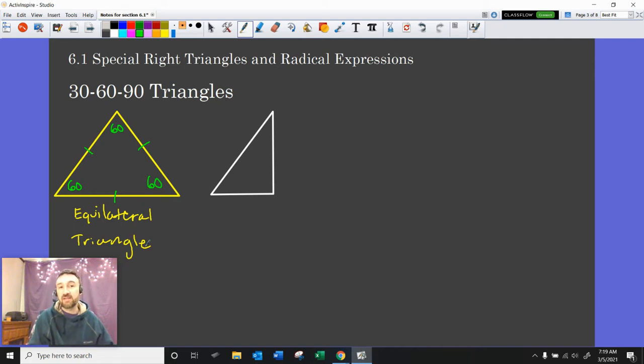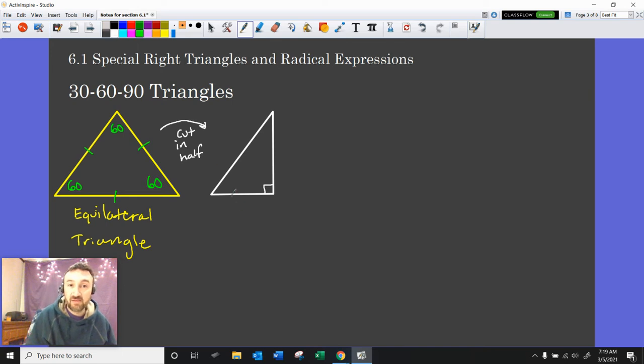What you can do with that, and I have it already drawn there, is cut this triangle in half. I'm just going to write cut in half. Literally cut it in half, right down the middle. What's going to happen is that you're going to wind up with a right angle in that bottom right-hand corner.